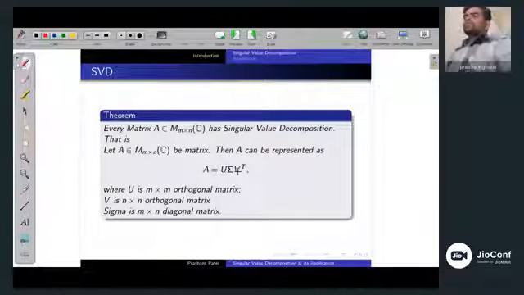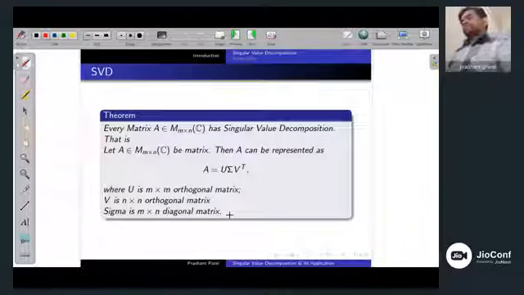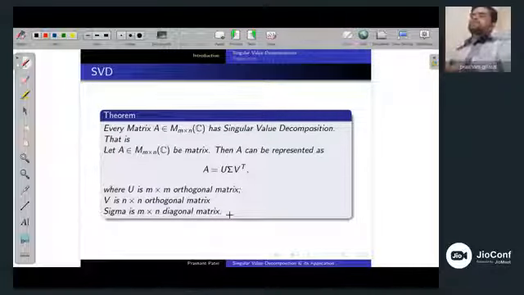So an m by n matrix can be represented as A is equal to U sigma V transpose, where U is an m by m orthogonal matrix, V is an n by n orthogonal matrix, and sigma is the diagonal matrix that we have considered. So any matrix A can be expressed in this form.